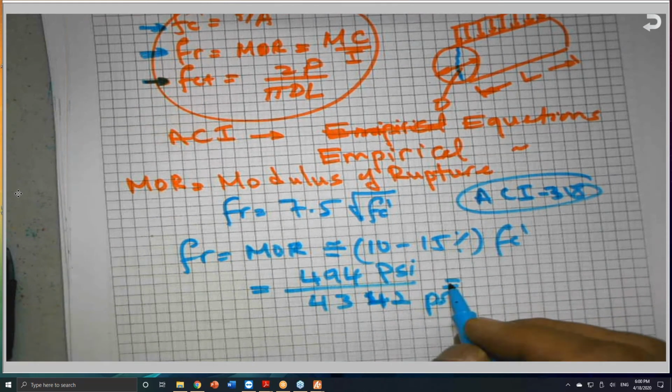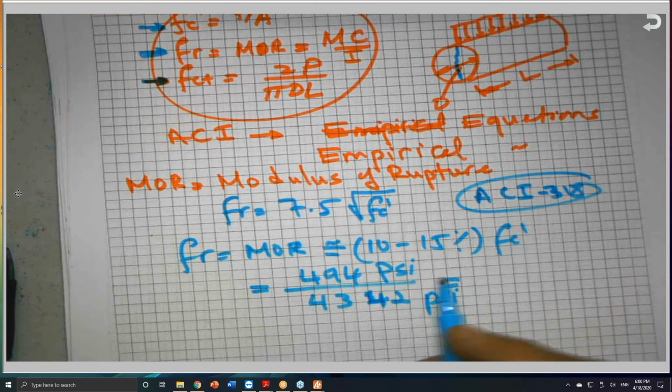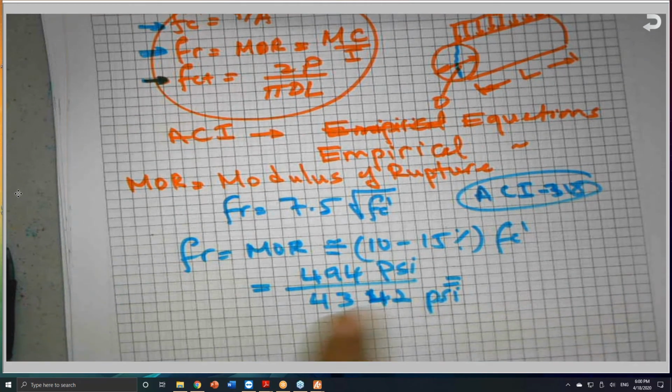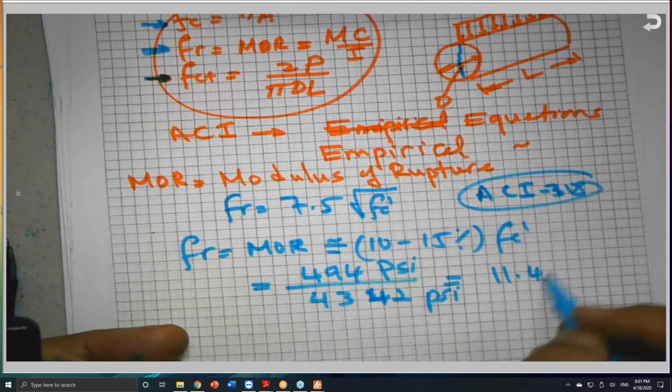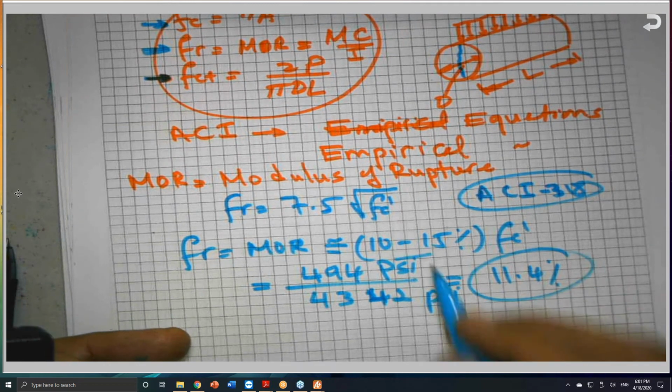You'll find this ratio is within this range, which is about 10% or a little bit more. 494 divided by 4342 will give you 11.4%. So it is within the range.